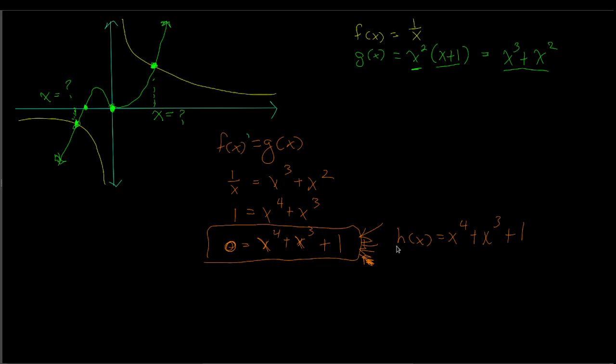To use Newton's method, I'm going to need to know h prime of x, which is 4x cubed plus 3x squared.